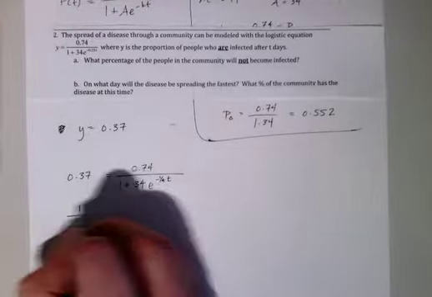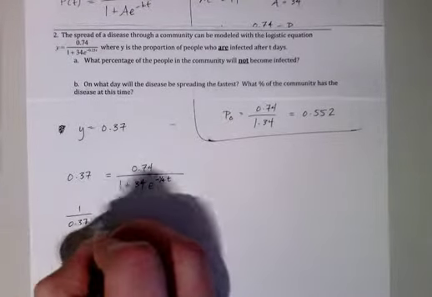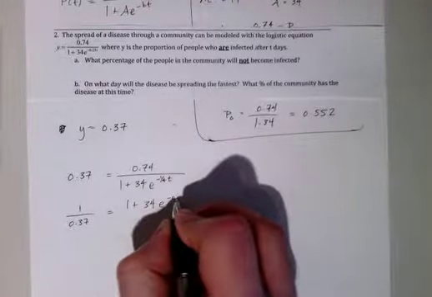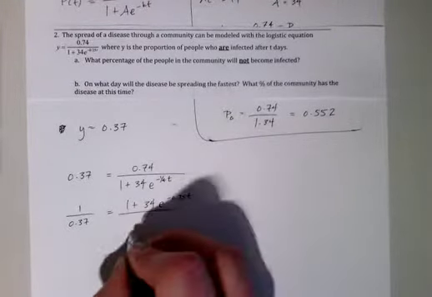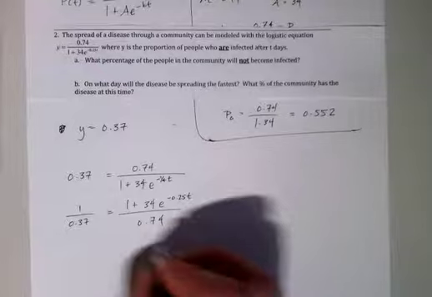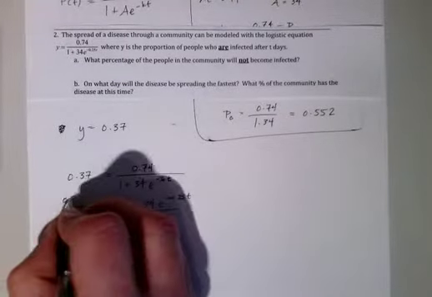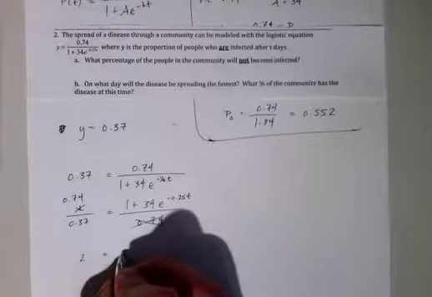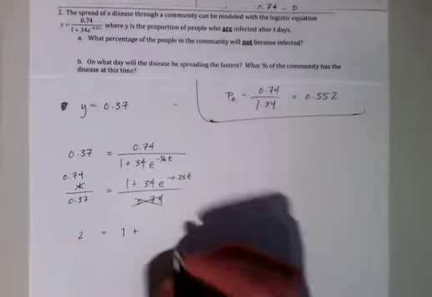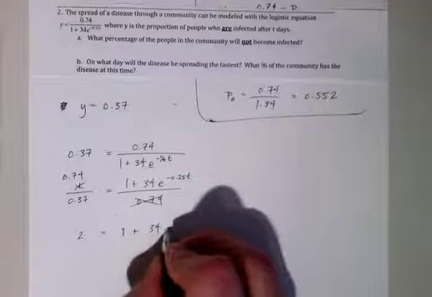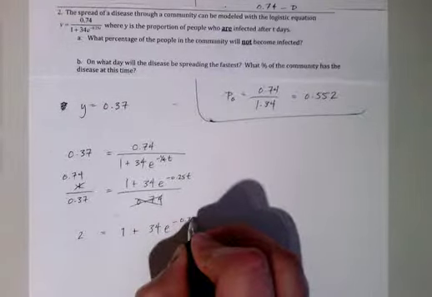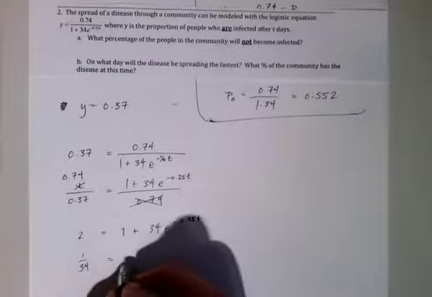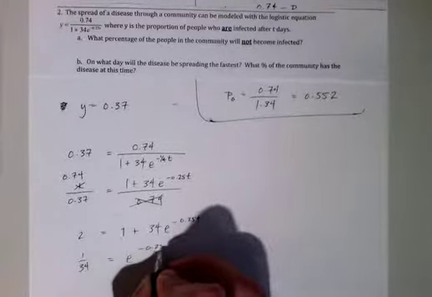Okay, so you have 1 over 0.37 is 1 plus 34e, and I guess I'll just go back to decimals as much as it pains me. 0.74, so we can multiply both sides by 0.74, and that winds up being 2 is equal to 1 plus 34e to the negative 0.25t, and that's 1/34 is equal to e to the 0.25t.